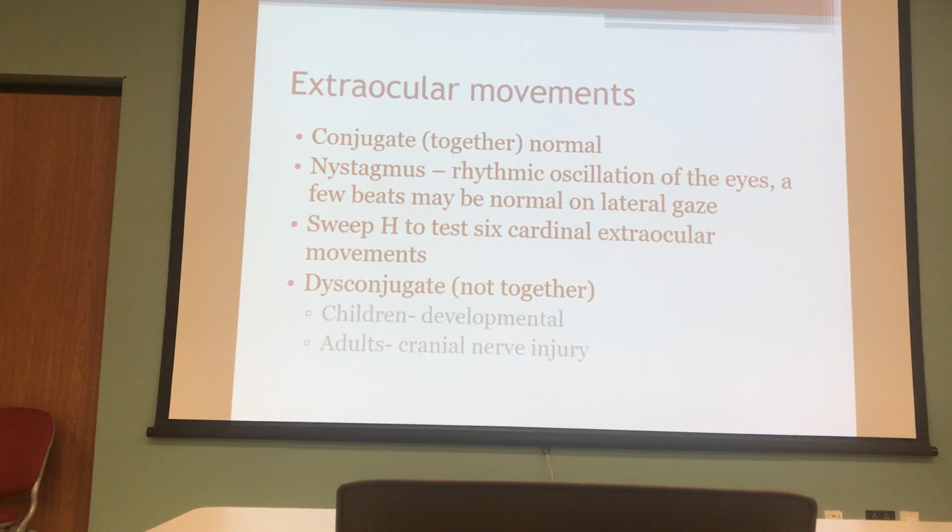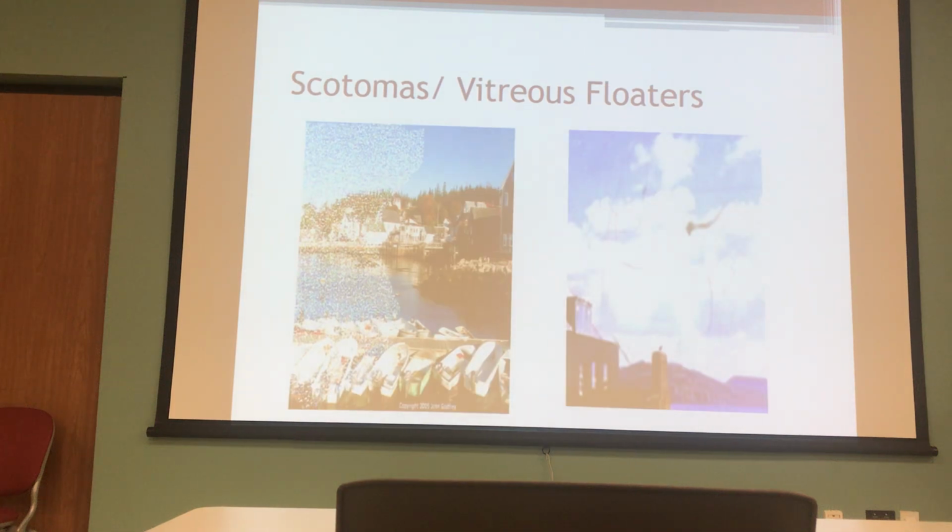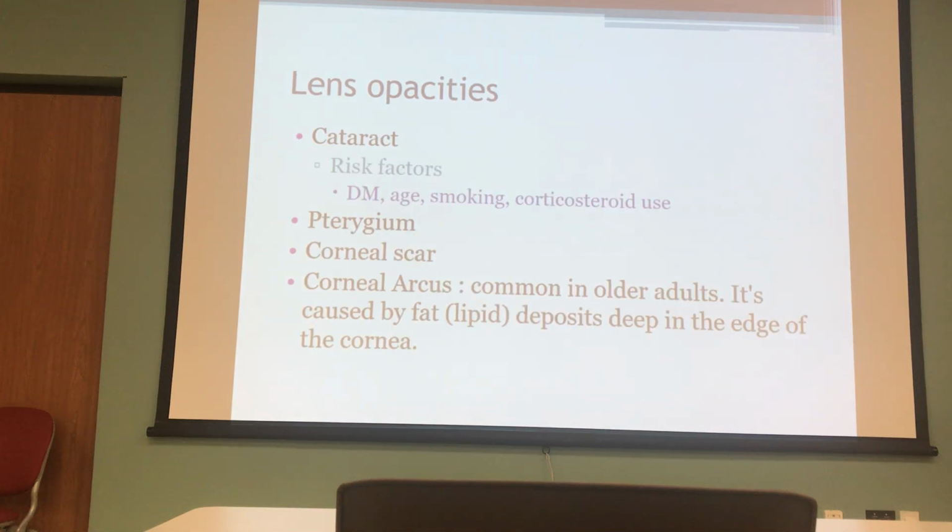Some kids can have a disconjugate gaze as a developmental abnormality, and usually what they do is cover the weaker eye, so it can actually auto-correct itself. And in adults, it's usually cranial nerve injury. Scotomas and vitreous floaters, I don't know why I have them both twice. I get a little crazy sometimes. We talked about these already.